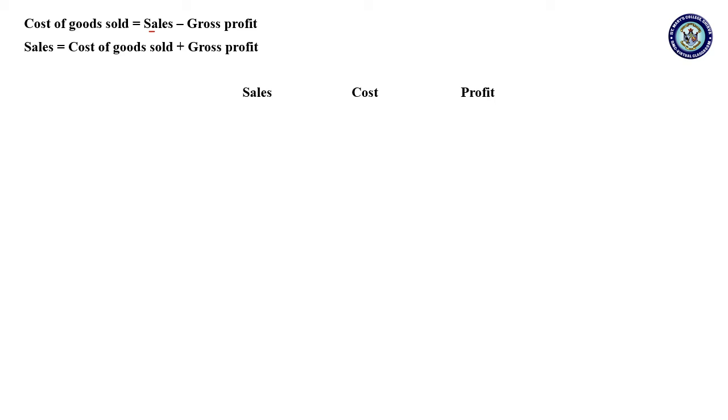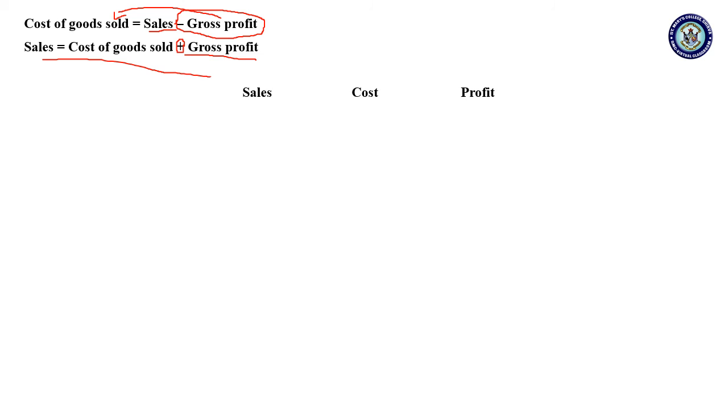I want sales, so this minus gross profit, I take to the other side, and it will become plus gross profit. So sales is equal to cost of goods sold plus gross profit.